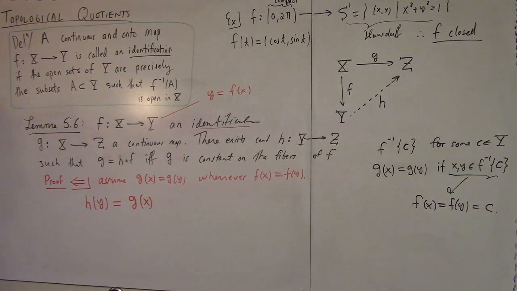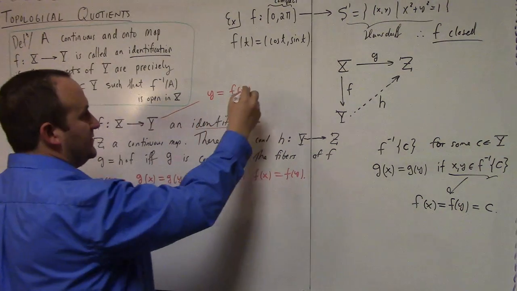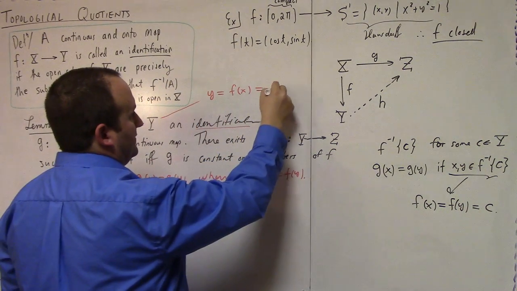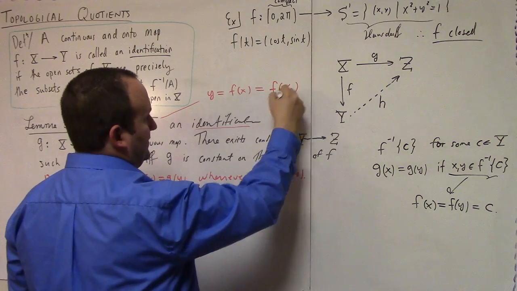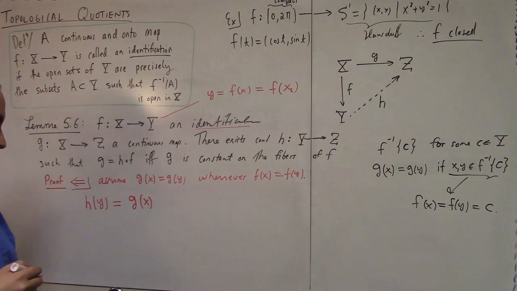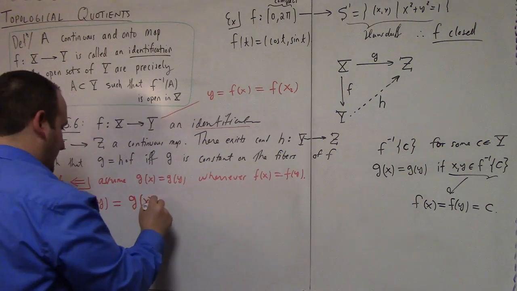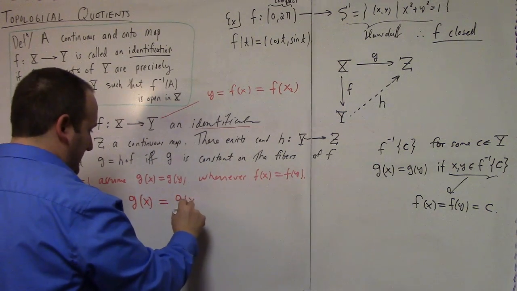So y could also be equal to f of, say, x2. So then this would also have to be equal to g of x2.